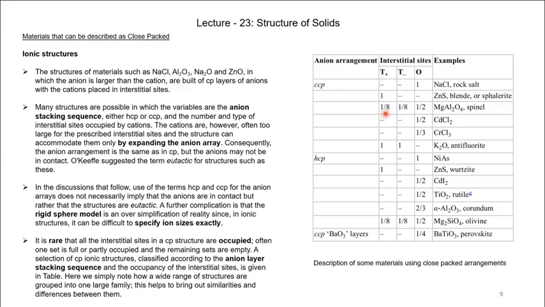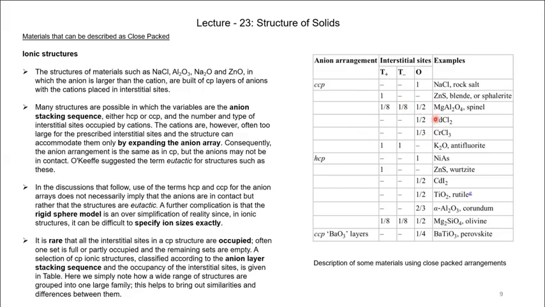Similarly, if we fill up 1/8 of tetrahedral plus and 1/8 of tetrahedral minus and 1/2 of the octahedral sites, and the rest is the anion close packed array, then we call it the spinel structure. That means oxygen will be in the cubic close packing arrangement, and then magnesium and aluminum will fill up these sites accordingly. This is how we describe it.